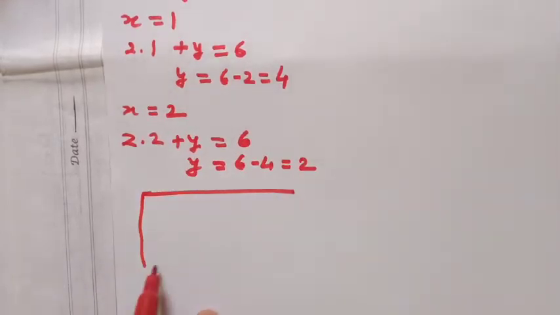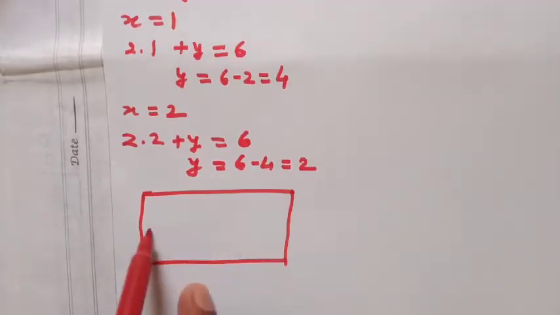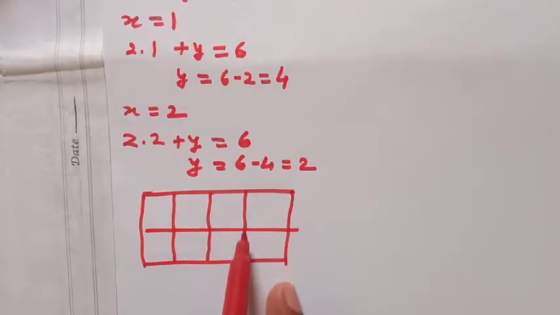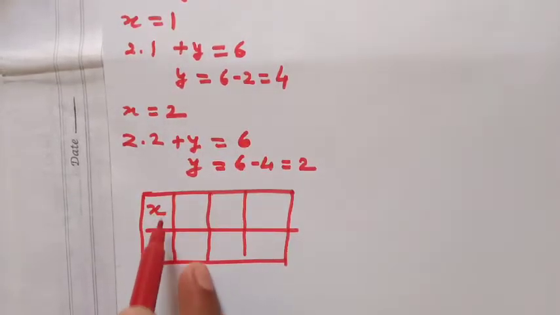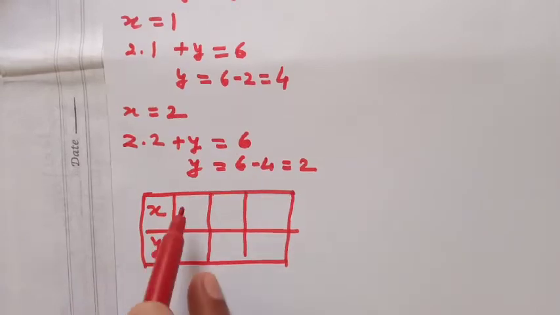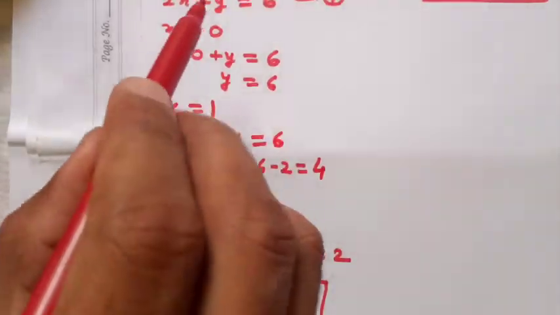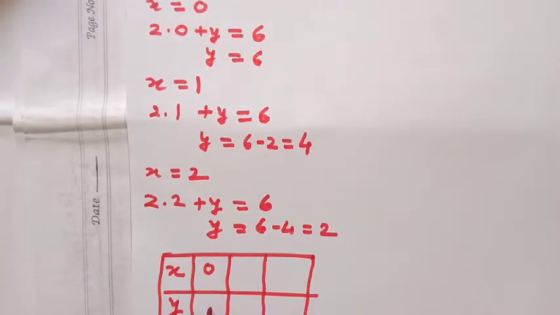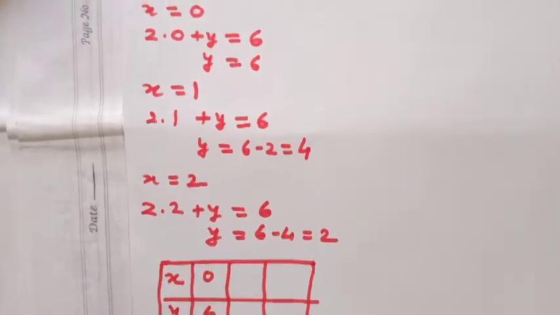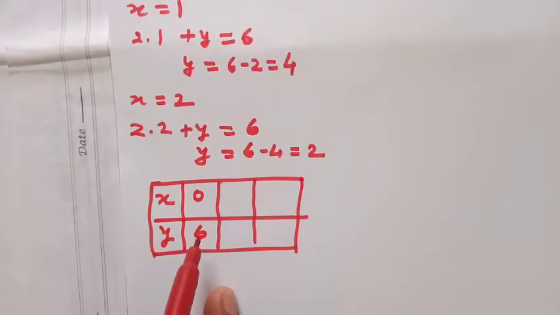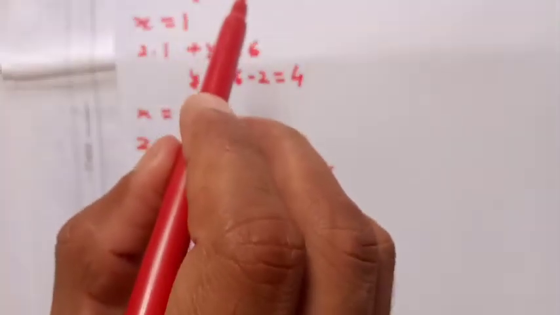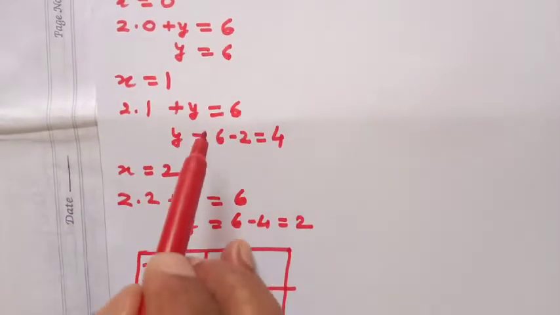Now make the table like that, x and y. For x is equal to 0, y is equal to 6. You should write the corresponding values together. Okay, that means if x is equal to 0, then the corresponding value of y is 6.